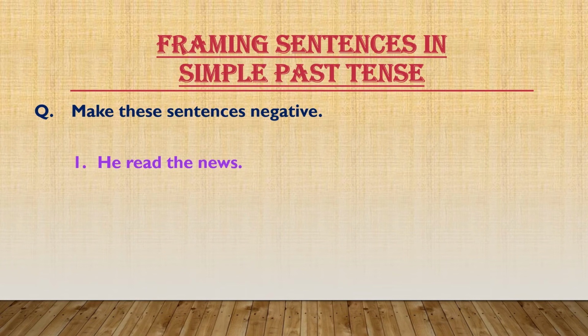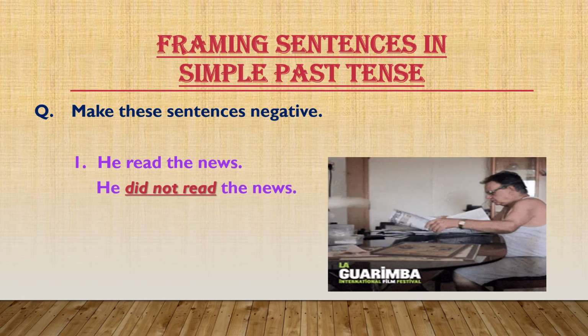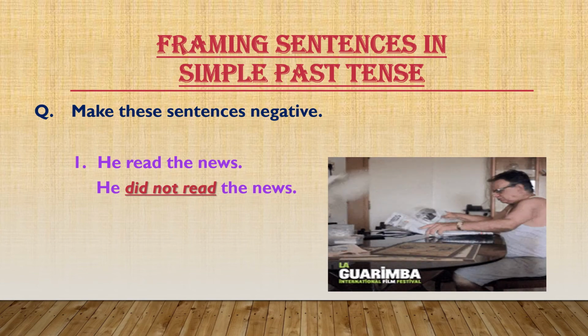Where do we add did not? We will write did not right after the subject. So what is the subject in the sentence? Subject is he. So we will add did not after he. He did not read the news. Verb will change to its root form. So read will become read.